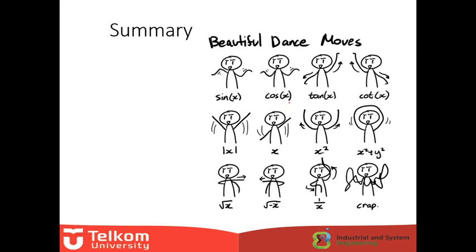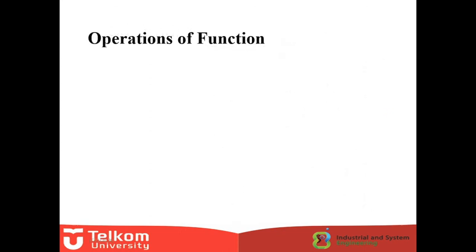Here we have sine, cosine, tangent, cotangent, and also absolute sine. This is the linear function of x, the quadratic function x squared, and if there are two variables, it is the circle. This is the square root of x, the half of a parabola, and also 1 over x looks like this. There are many things like this.